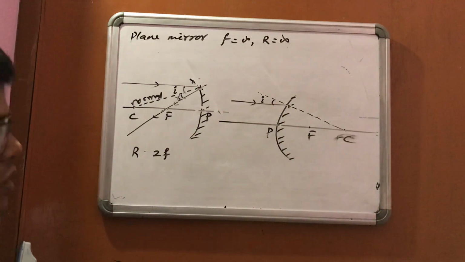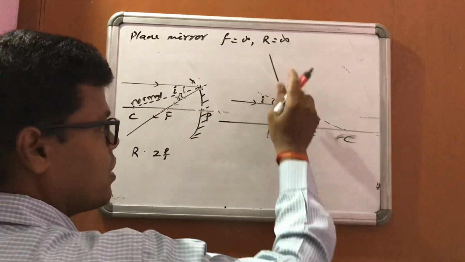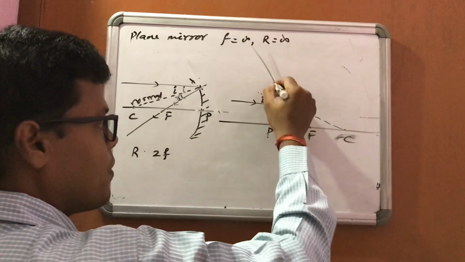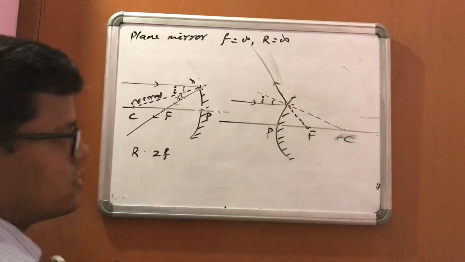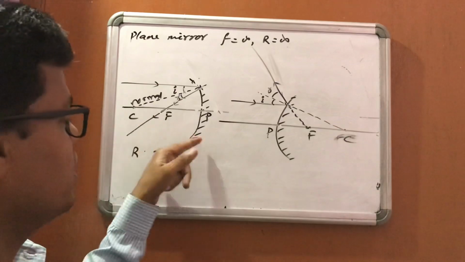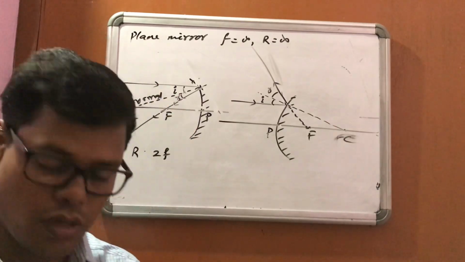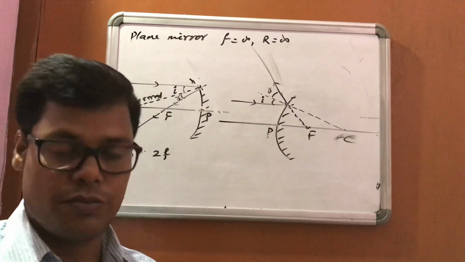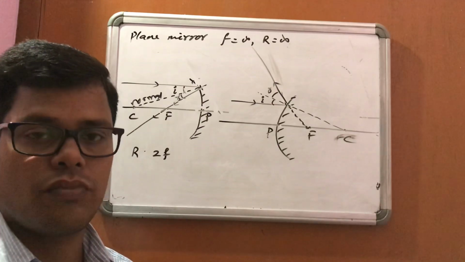To follow the laws of reflection, it must reflect back. Okay, so this is focus. This is the angle of reflection. The incident ray, reflected ray and normal lie on the same plane, and angle of incidence is equal to angle of reflection. So remember, the laws of reflection are followed for all types of mirrors: plane mirror, concave mirror, and convex mirror. Thank you.